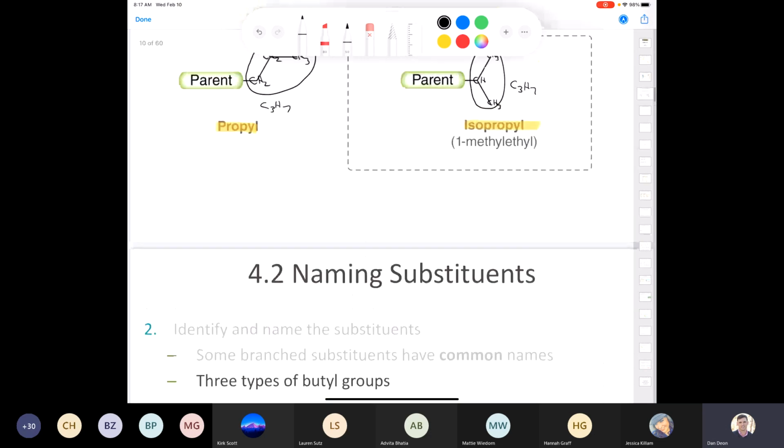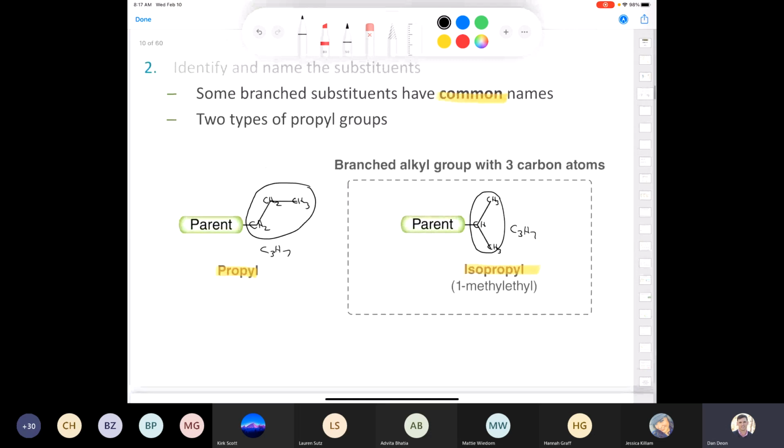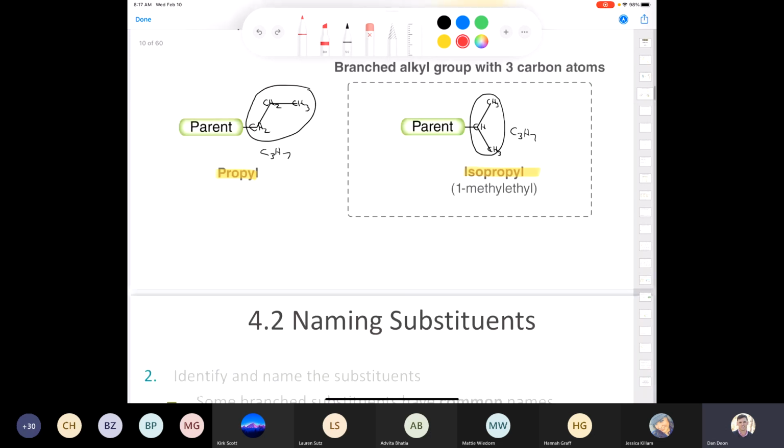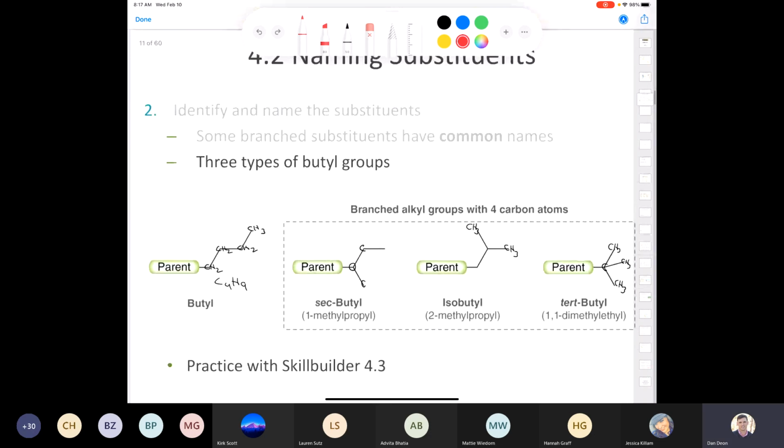Another thing I want to mention about these common names, I don't even know if he brings this up in the textbook or not, but it's kind of like addressing an elephant in the room. If you notice that isopropyl, there's no hyphen, there's no space or anything. And the same thing with isobutyl. But if you look at sec-butyl and tert-butyl, they both have the sec and the tert italicized, and then you have the hyphen.